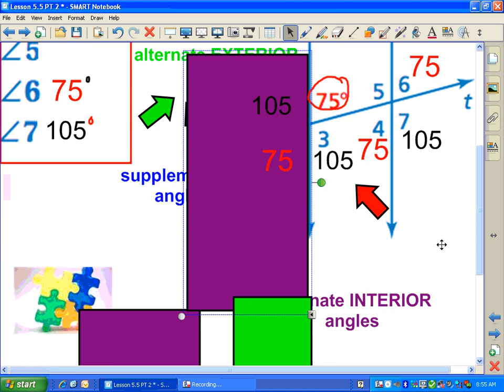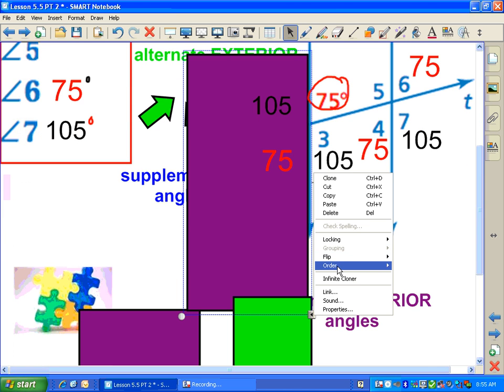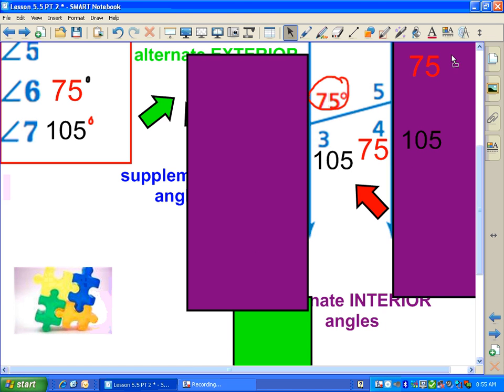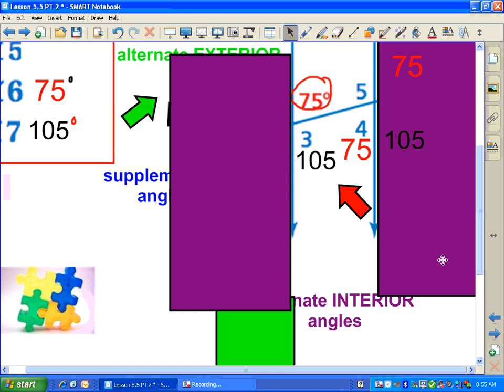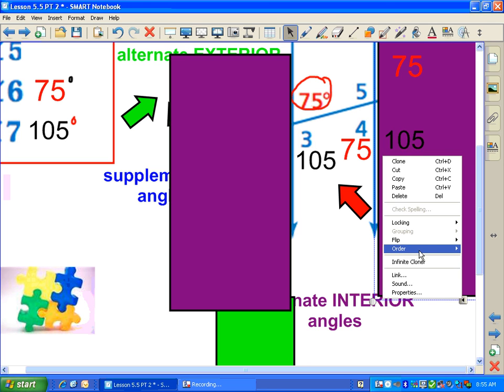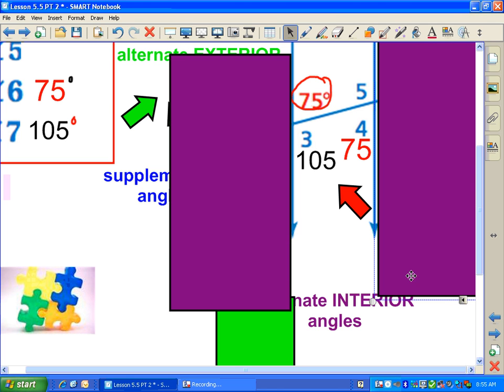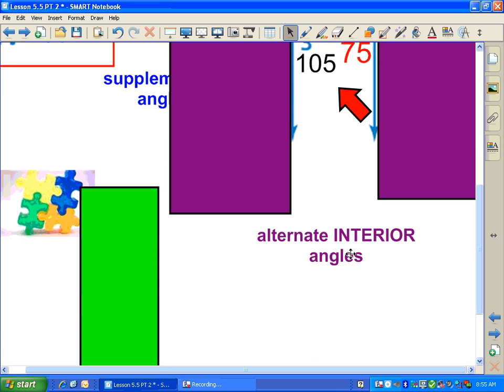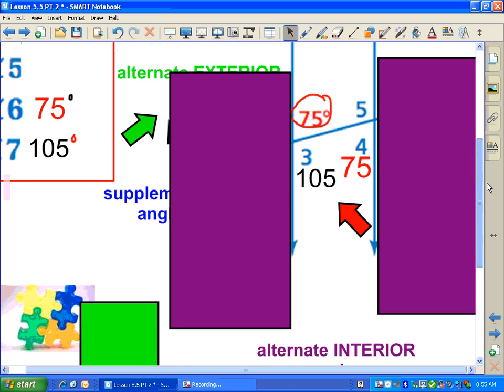So let me cover this up, bring to front. I'm thinking one of the vocabulary words that we talked about today was right here, guys. Alternate interior angles.